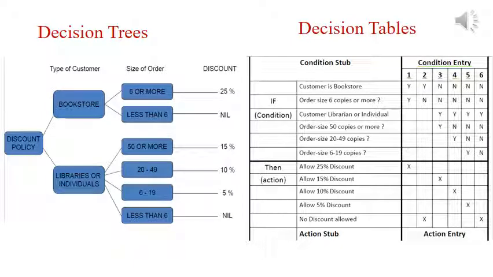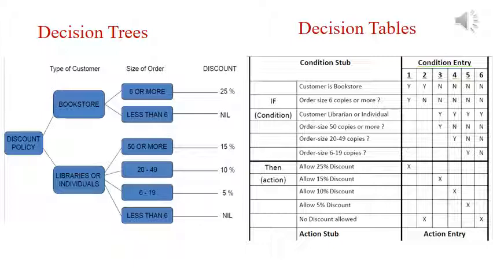If the order size is 6 copies or more, then we say yes. If it is a bookstore and 6 or more copies, then there is a 25% discount in the action entry. So it is clear. If it is a bookstore but the copies are less than 6, there is no discount.